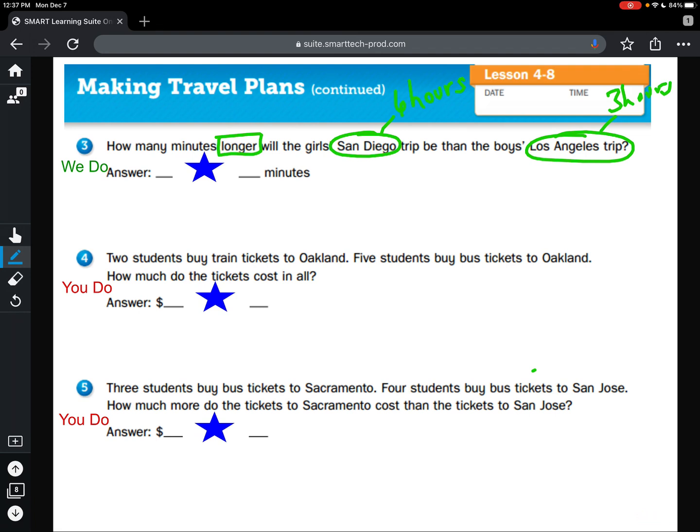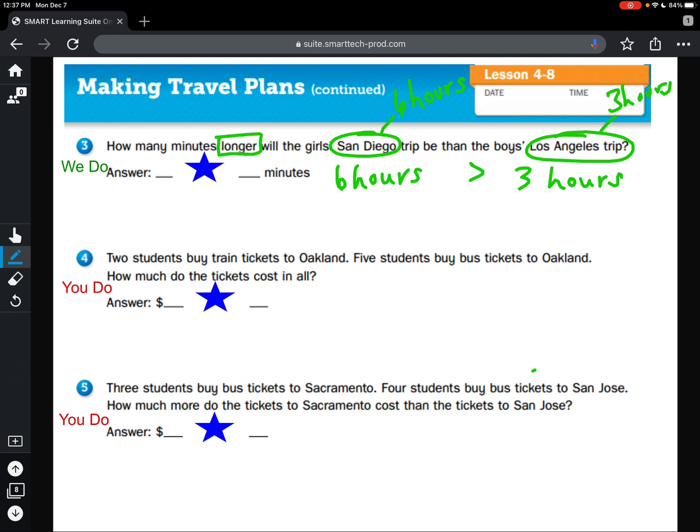So how do I figure out how many minutes longer it will be than the girls' trip than the boys' trip? Right now, I have 6 hours compared to 3 hours. Well, I know that 6 hours is greater than 3 hours.